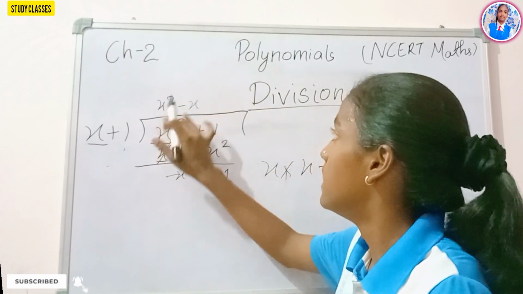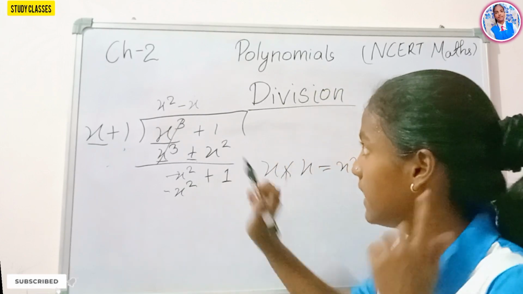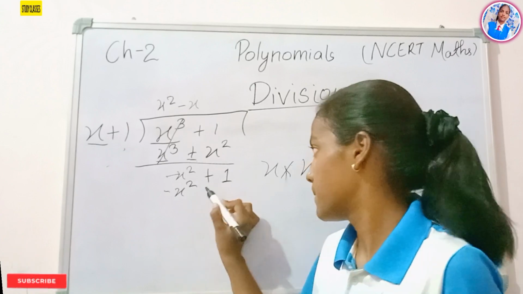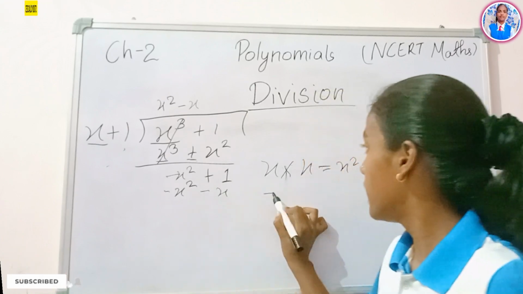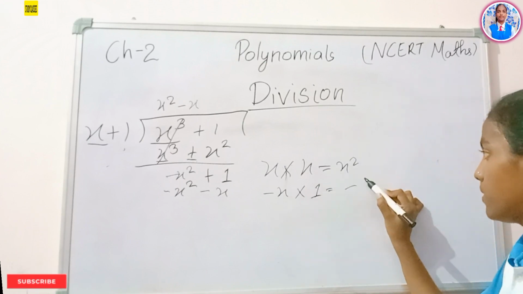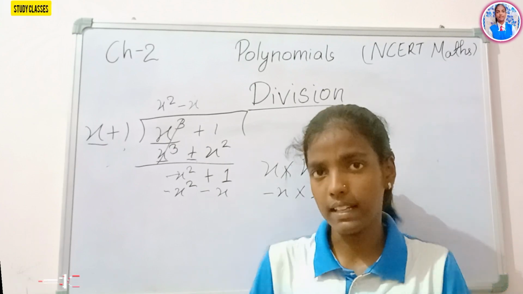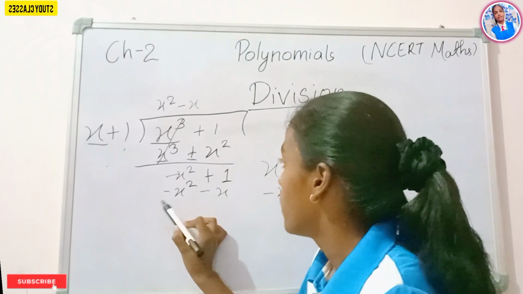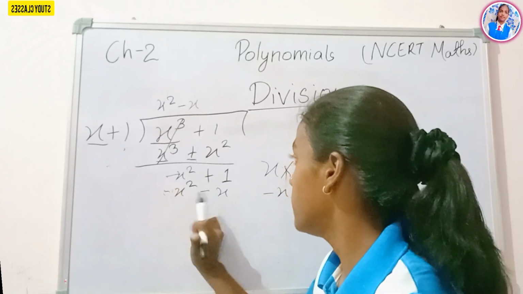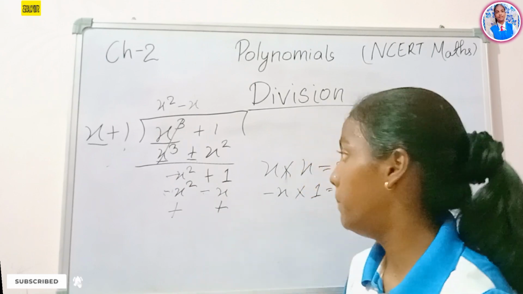So minus x into x is equal to minus x square, and minus x into 1 is equal to minus x. You can write minus 1x or only minus x. After doing this, here is the sign of minus, we will change it to the sign of plus. Then minus will get converted into plus.